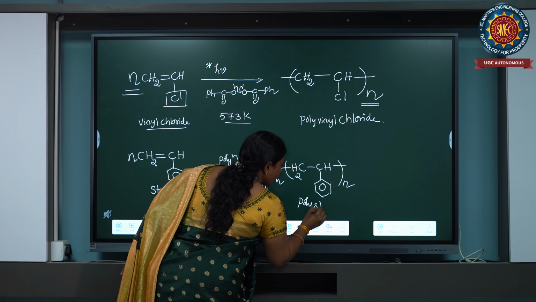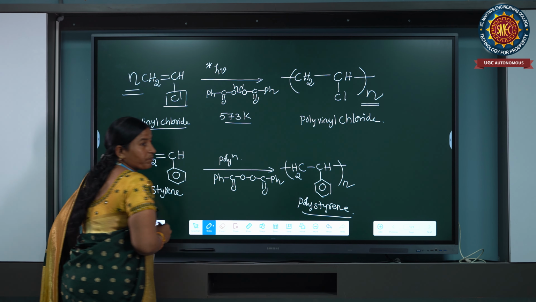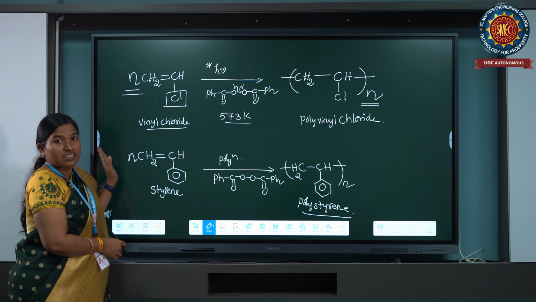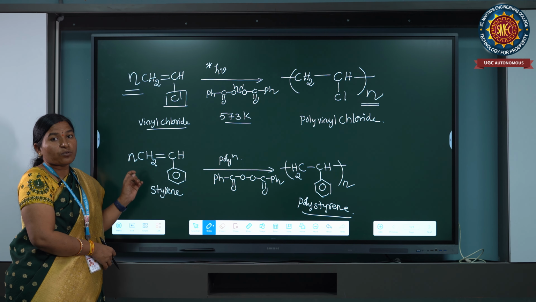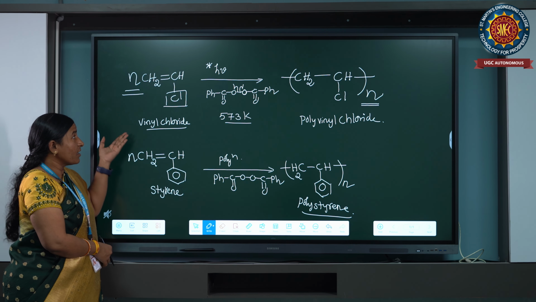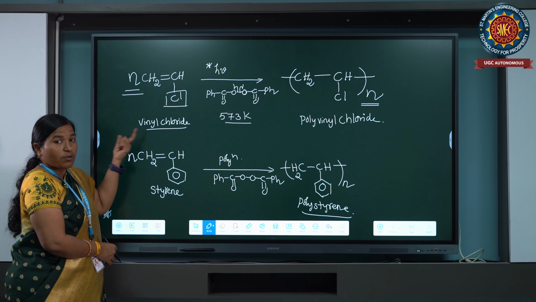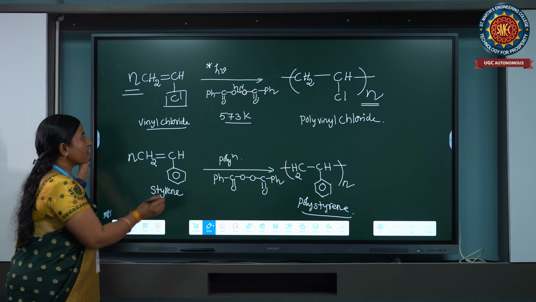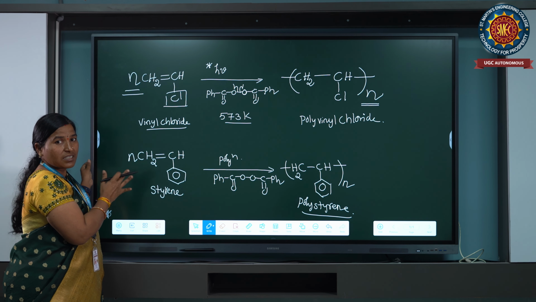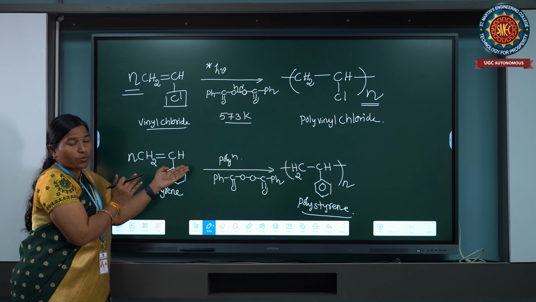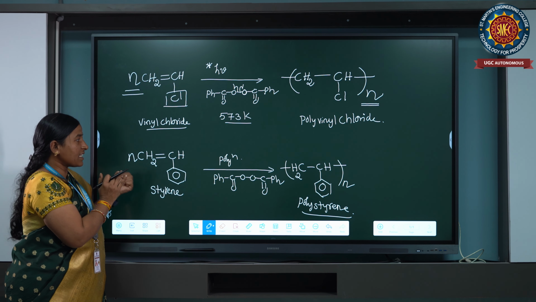This is one monomer, styrene, and this is its polymer. Understood? These are some of the examples we use in our day-to-day life. All the vinyl plastics are there, no? Then bottles are made using polyvinyl chloride and polystyrene.